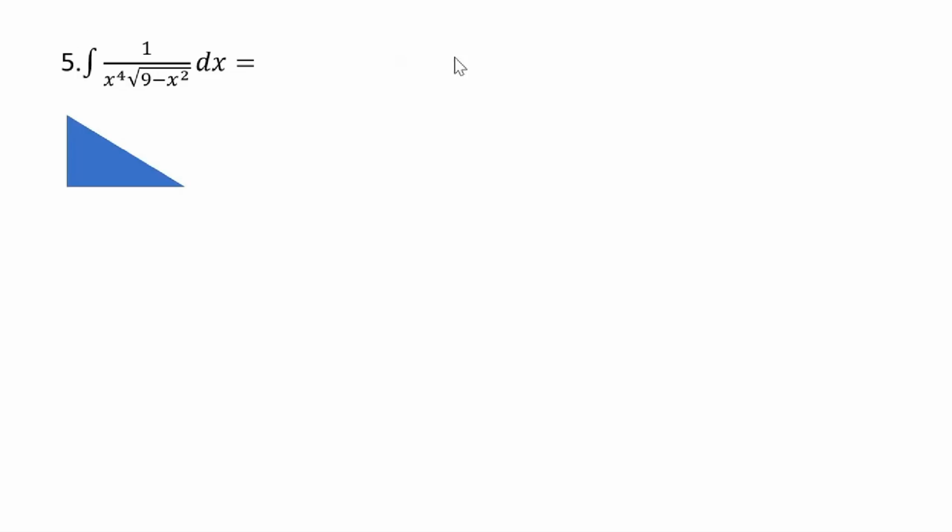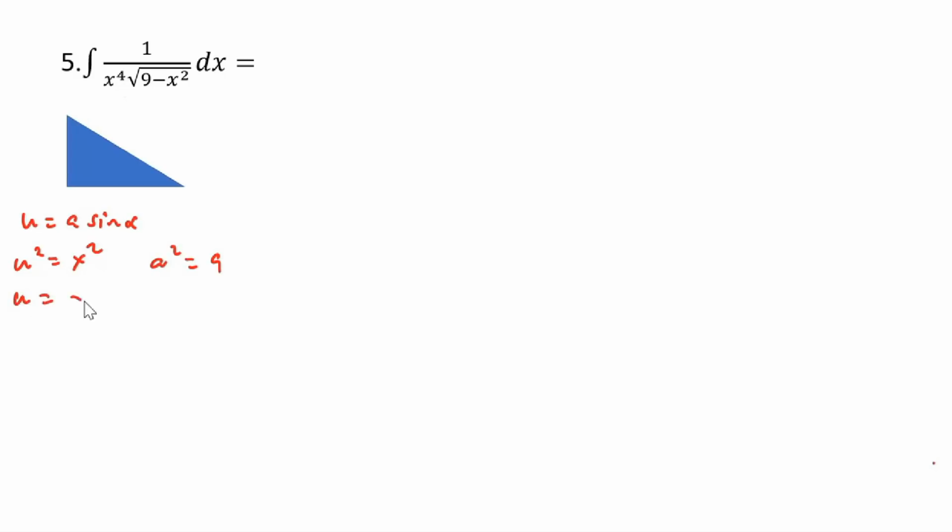For number 5, we have the integral of 1 over x raised to 4 times the square root of 9 minus x squared. So because of the radicand, we have a squared minus u squared. So we are going to let u equals a sine alpha. So in our given, u squared equals x squared and a squared equals 9.